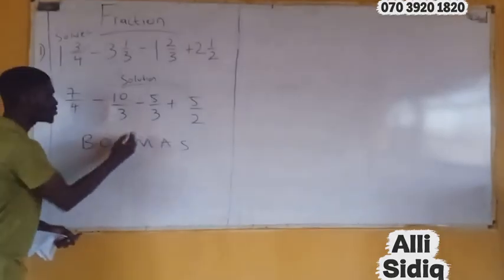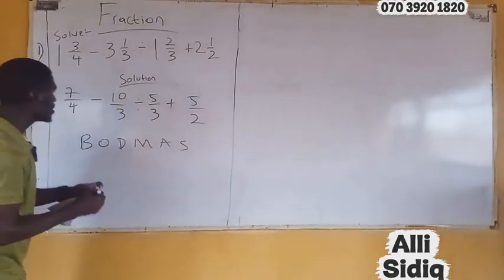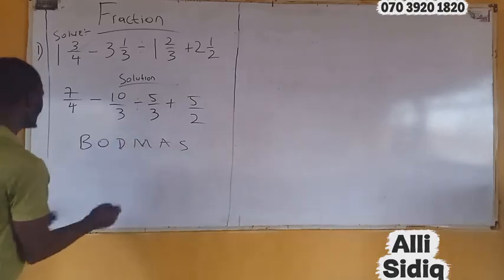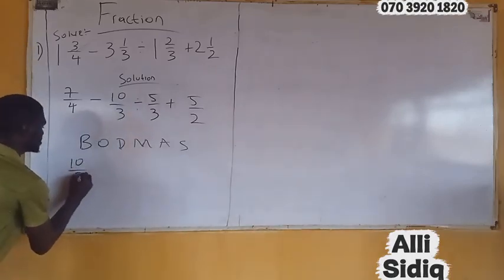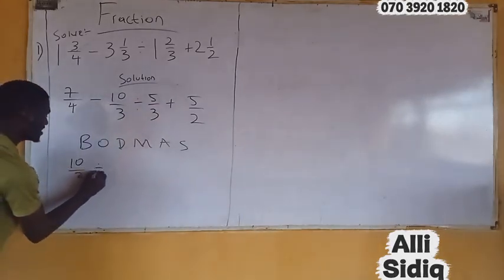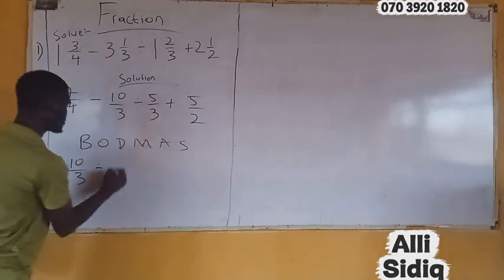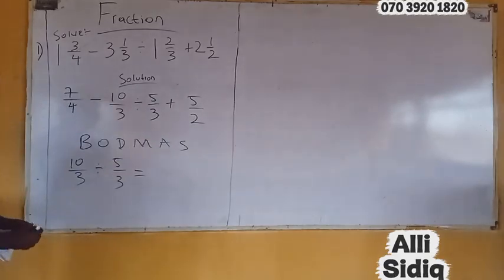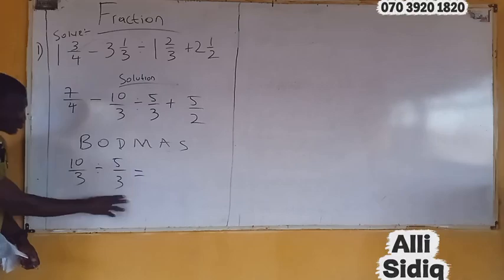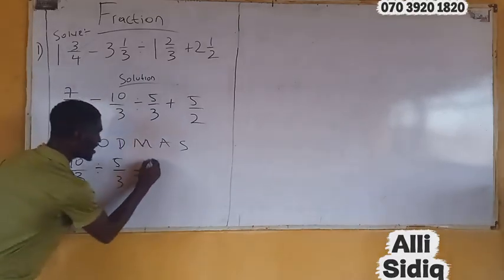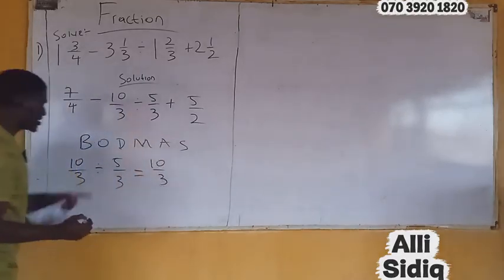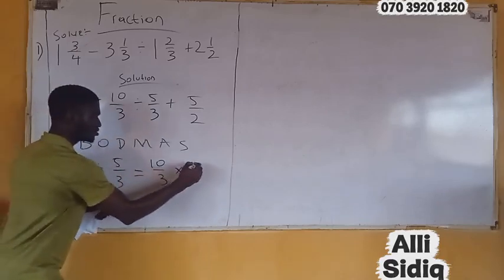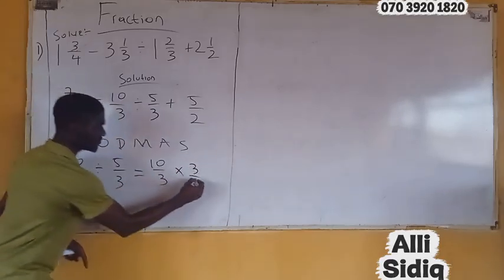At the left, I have 10 over 3 divided by, at my right, 5 over 3. Then equals to what? In your normal mathematics, to solve this, what will you do? You say 10 over 3 becomes times, then this comes up, 3, then 5 comes down, over 5.